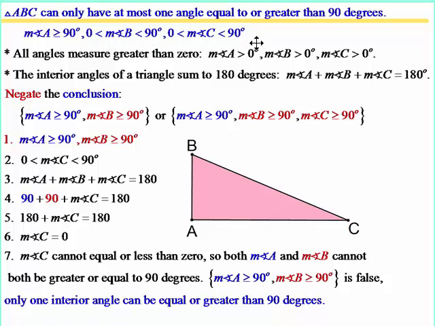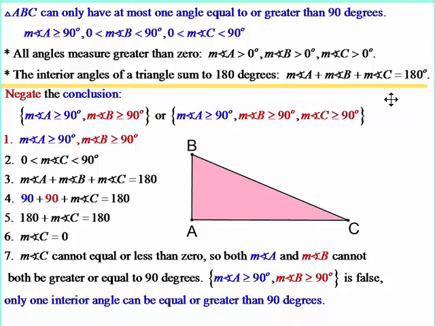Okay, so I wrote that out, and then I already discussed this, that all angles have to have a measure greater than 0. And then we also know that the interior angles of a triangle sum to 180 degrees. So I wrote that numerically there.